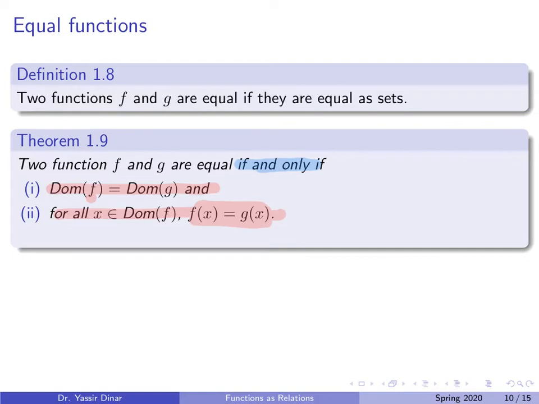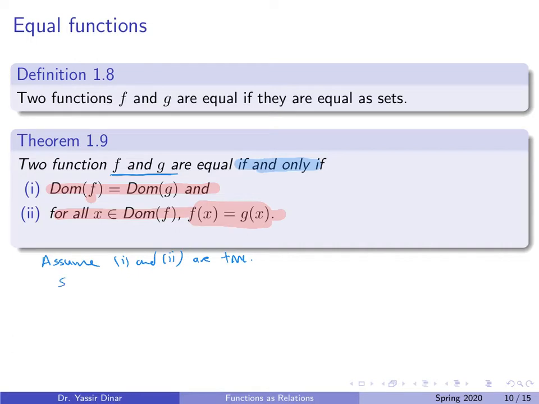Let's prove one direction. Let's assume that conditions 1 and 2 are true for these two functions. Then we want to show that these two functions are equal as sets.